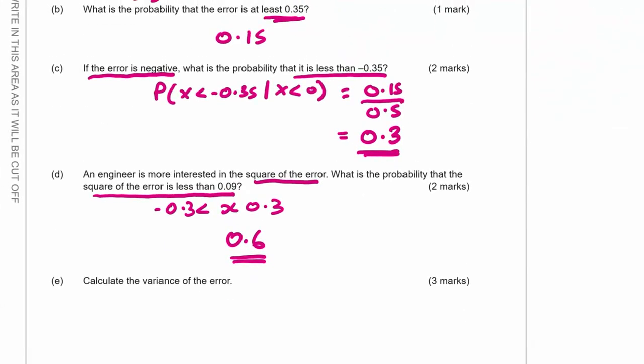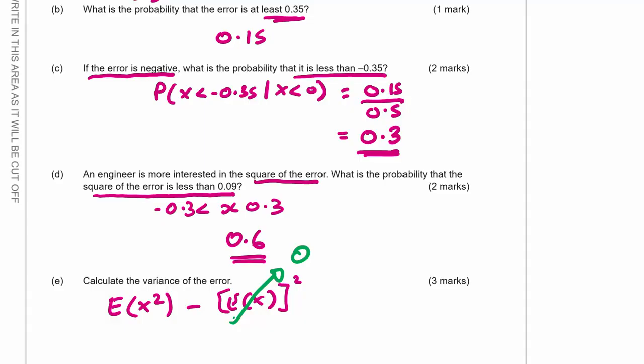Calculate the variance of the error. Well, in general, we know that that's the expectation of x squared, take away the expectation of x, squared. But of course, this bit here is going to be 0 because we have something symmetric that's centered on 0.